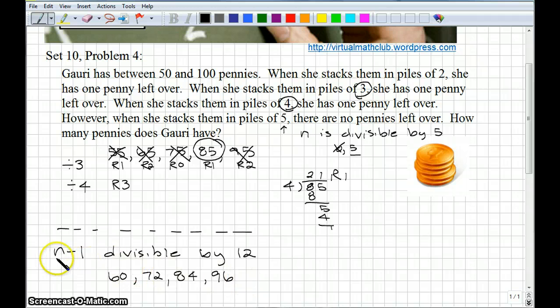But we don't want to know n minus 1, we want to know n. So let's add 1 back into these numbers. So we'd get 61, 73, 85, and 97. And we already said that it's divisible by 5, and it has to end in 5 because it's not divisible by 2.